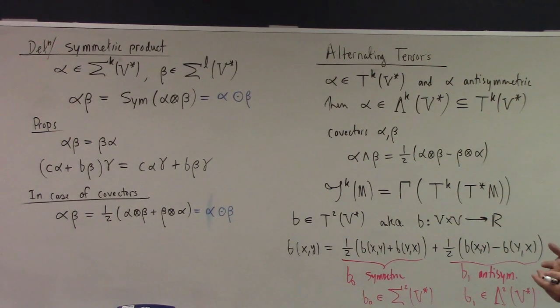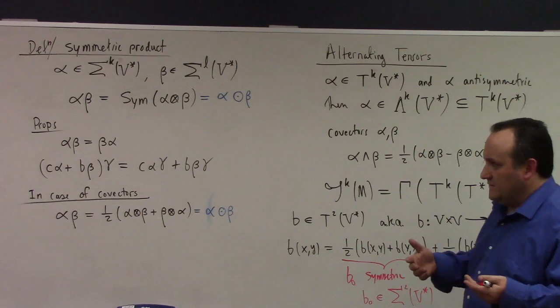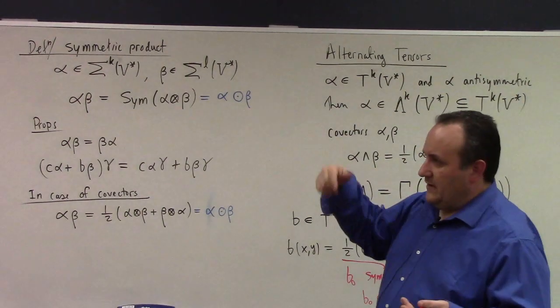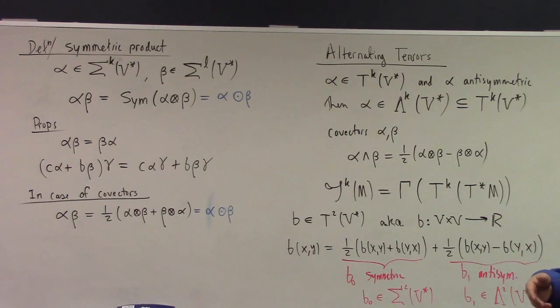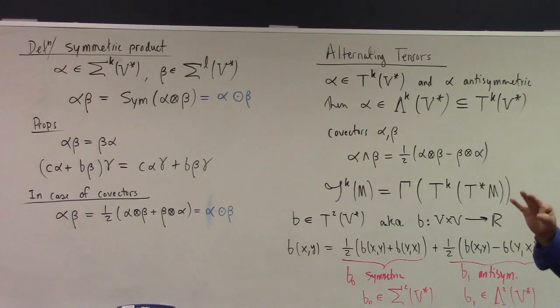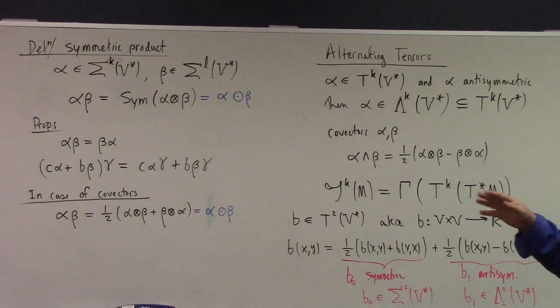The dimension at a point of the k covariant tensors is n to the k, all right? So if I have 3 tensors, T3V, I've got n cubed as the dimension of it.